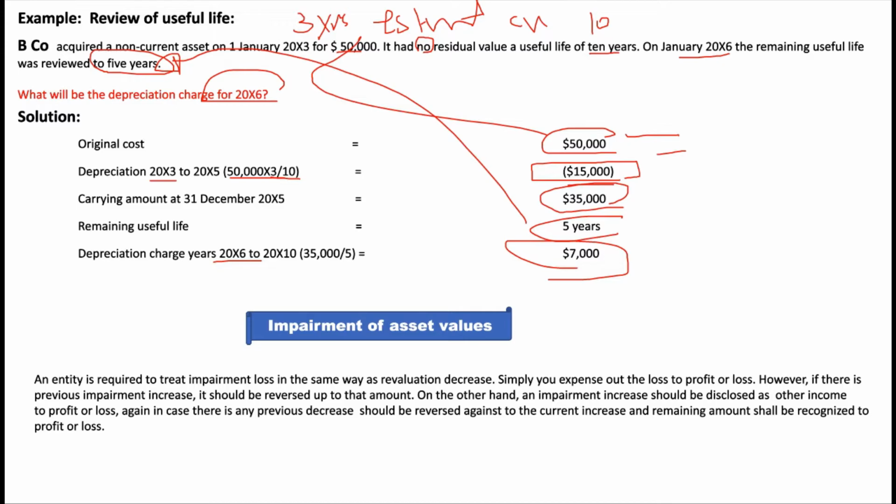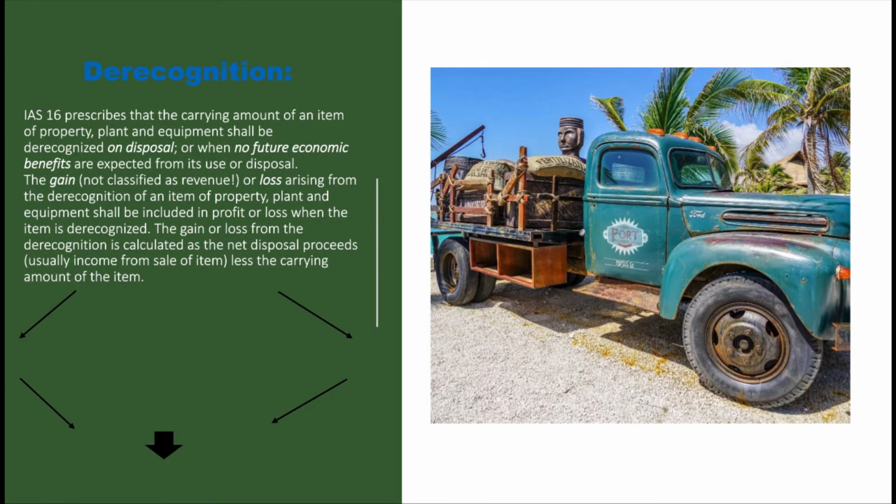On the other hand, an impairment increase should be recognized as other income in profit or loss. Again, in case there is any previous decrease, it should be reversed against the current increase, and the remaining amount shall be recognized in profit or loss. So this should be treated in the same way as revaluation.